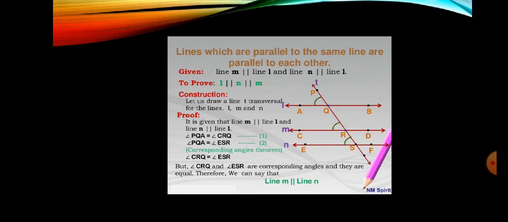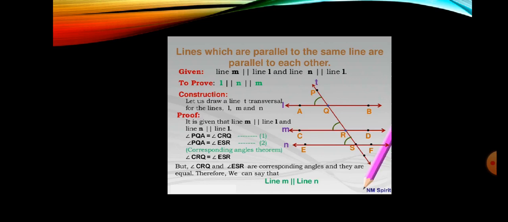Now, the proof. It is given that line M is parallel to line L and line N is parallel to line L. Angle PQA is equal to angle CRQ by corresponding angles. Similarly, angle PQA is also equal to angle ESR, also corresponding angles.